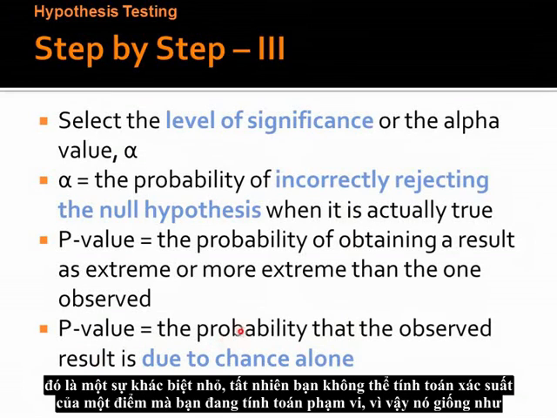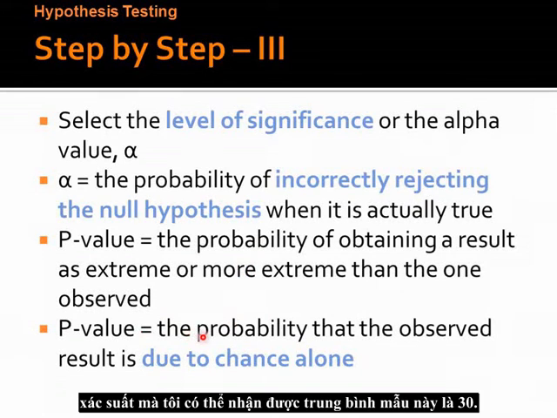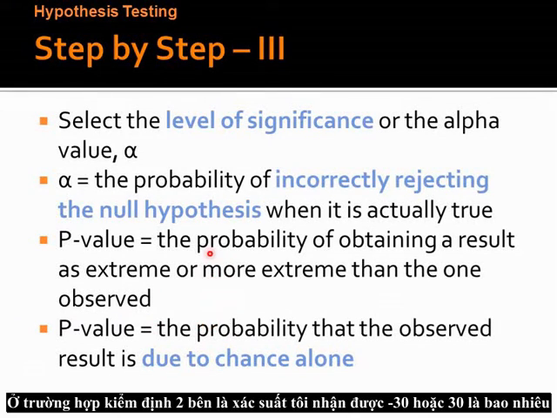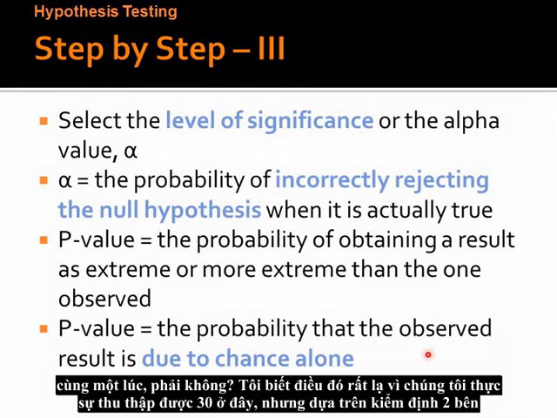Now, it's a slight difference. Of course, you cannot calculate probability at one point, you're calculating the range. So it's like, what's the probability that I could have gotten this sample mean of 30 all the way from negative infinity to 30, this particular area underneath the curve. Now, this will be a one-tailed one. For a two-tailed one is what's the probability of me getting a negative 30 or a positive 30 at the same time. Right?